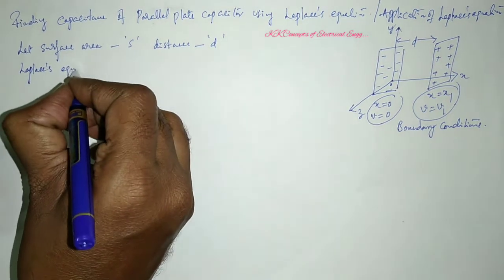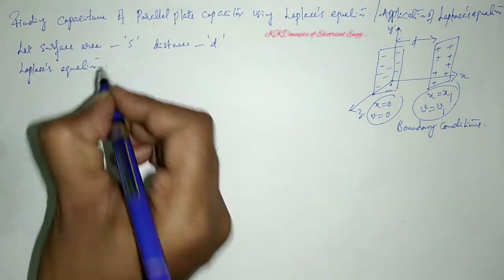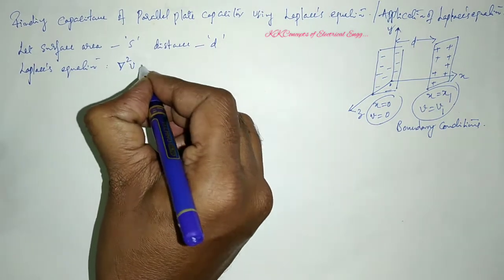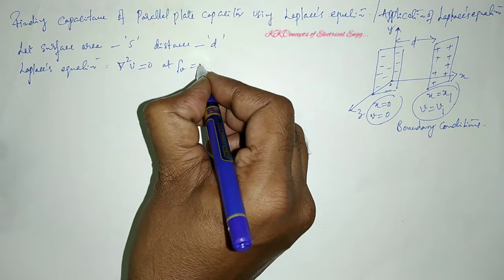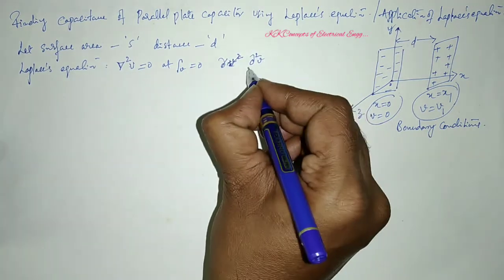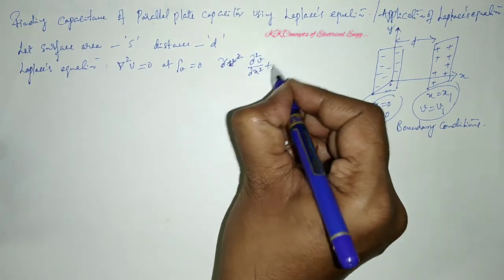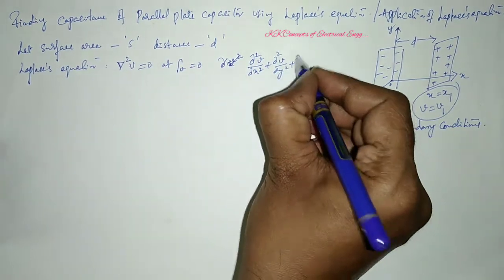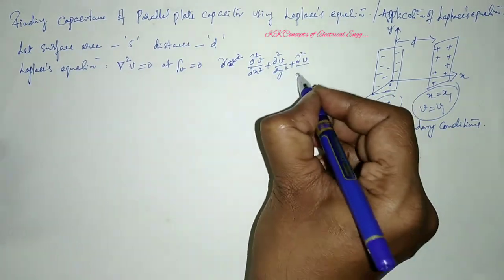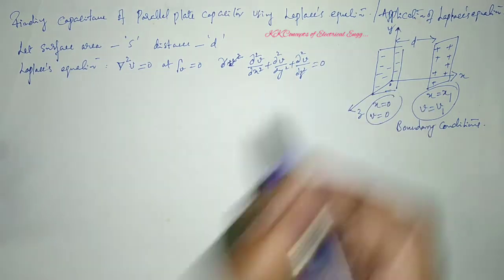Laplace equation: del square V equals to 0 at rho V equals to 0. Dou square V by dou x square plus dou square V by dou y square plus dou square V by dou z square equals to 0.